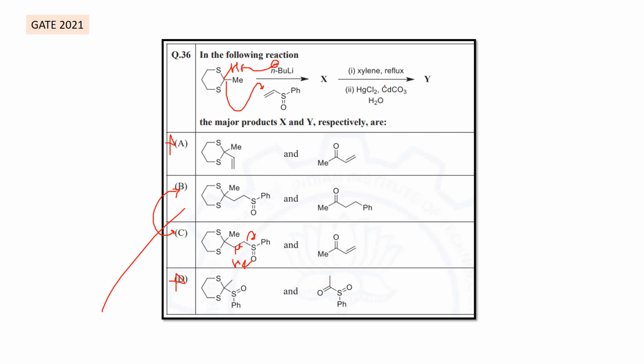And in presence of Hg2+ and cadmium carbonate, there will be a deprotection of the sulfur protection, and we get this as our desired product. So this xylene and reflux is just to remove the sulfoxonium species from the system through an alpha elimination. So the correct option is option C.